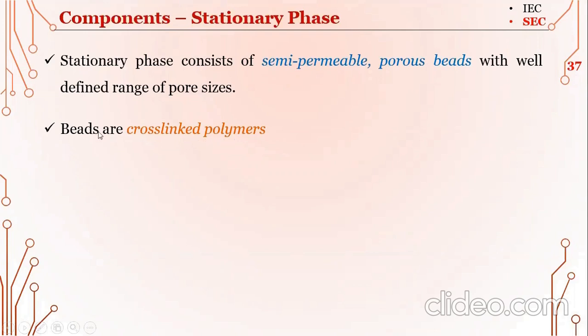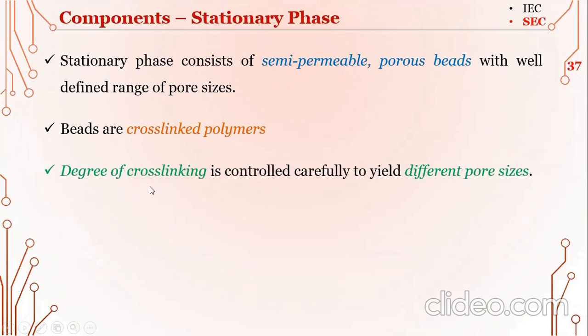The degree of the cross-linking is controlled carefully to yield different pore sizes. So the pore size will depend upon the degree of the cross-linking. The more the cross-linking, the smaller the pore size.